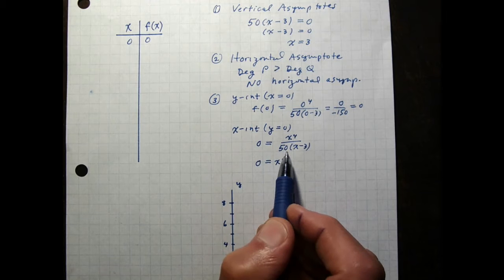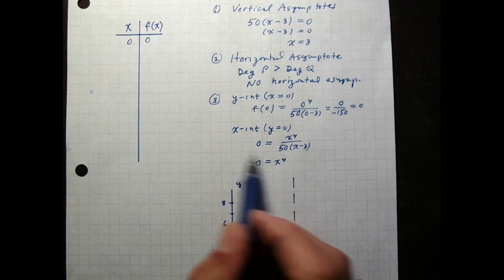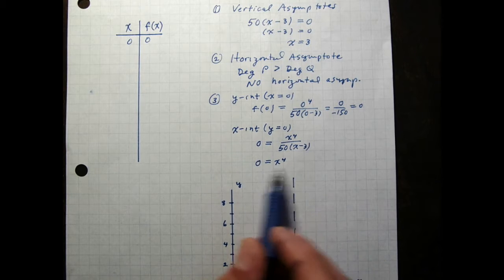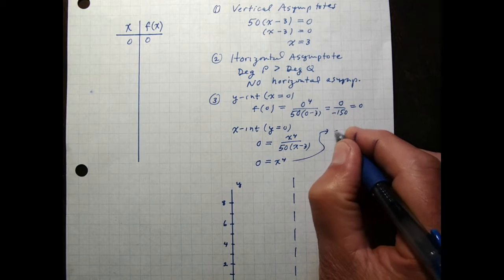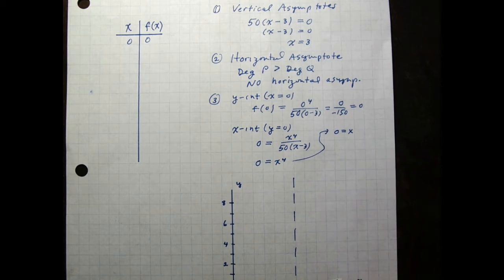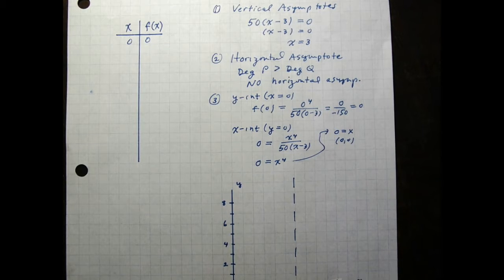And if you don't want to take that shortcut, you can multiply both sides by the denominator. The denominator will cancel on the right. We'll have 0 on the left. So I just get x equals 0. And actually, that just gives me that point 0, 0 again. So there isn't a whole lot going on here with x and y intercepts. And there's a vertical asymptote and no horizontal asymptote.